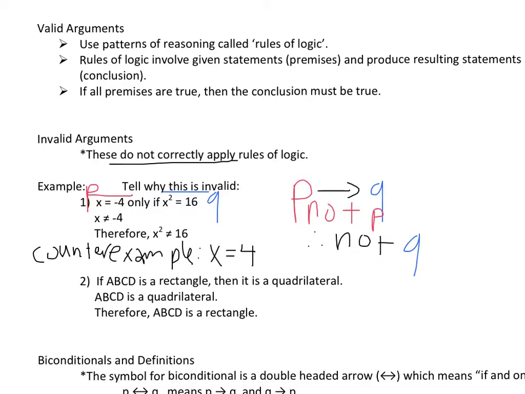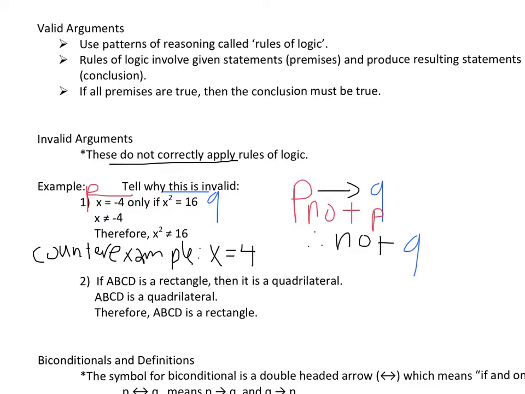So it's like, if x equals -4, then x squared equals 16. X is not equal to -4, but what if it was something else, like x equals 4 or something else? So we cannot make that type of statement, and that's an invalid argument.